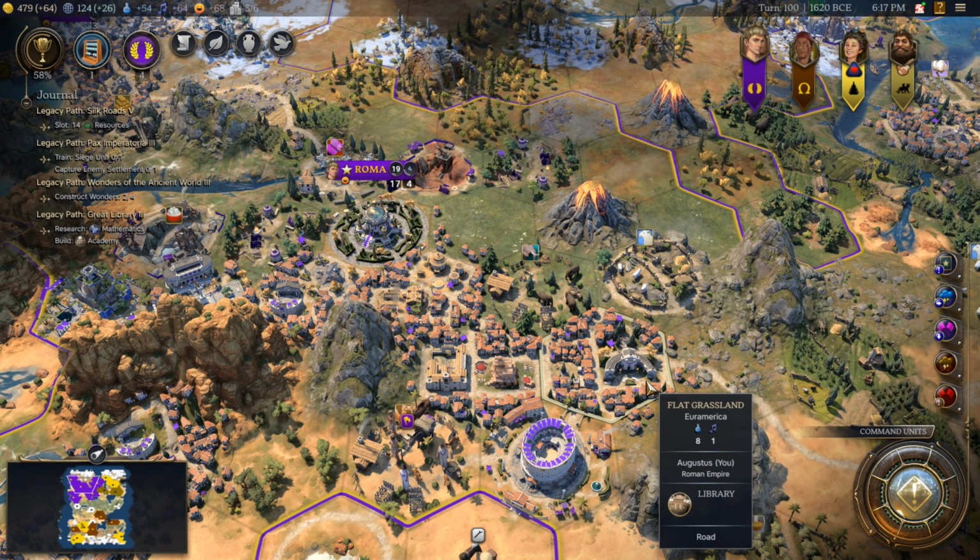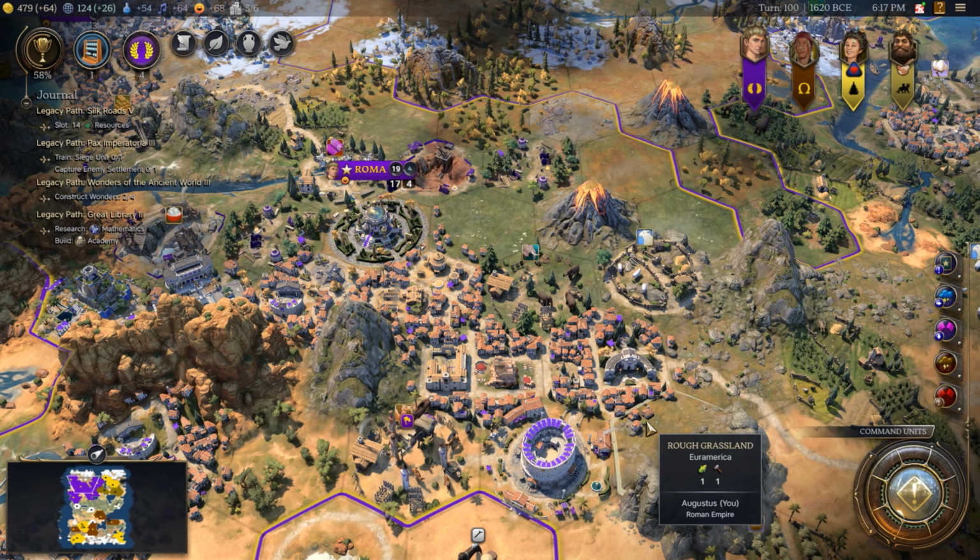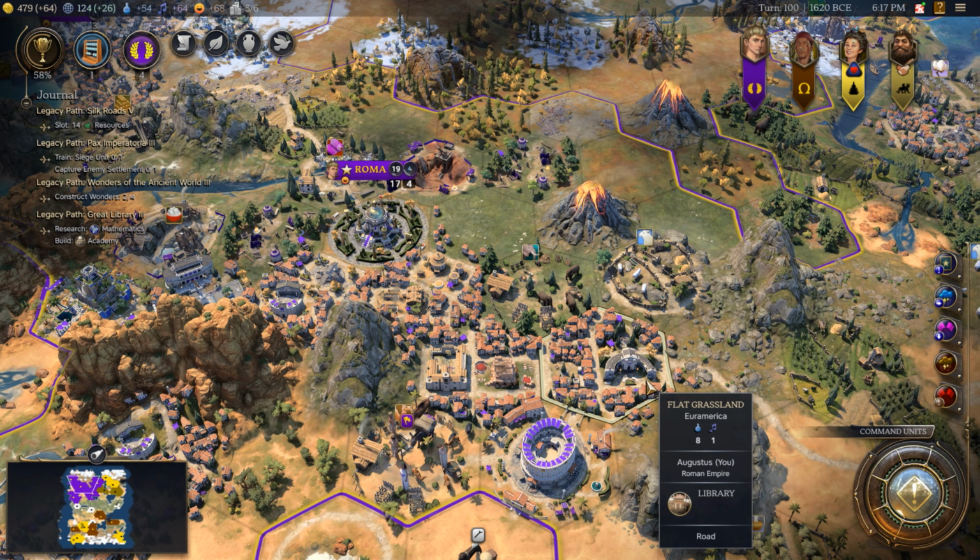And thirdly, the third type is for the scientific or science and production types of buildings. And these ones will benefit from being adjacent to resources. Now, all of these always have an adjacency bonus from being adjacent to a wonder that you build, a buildable wonder. So we have 3 main categories.